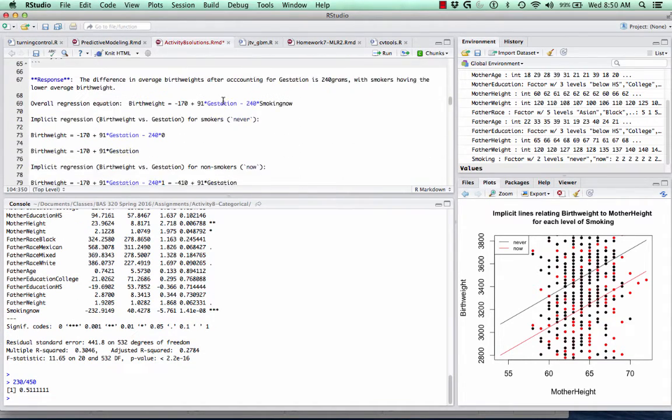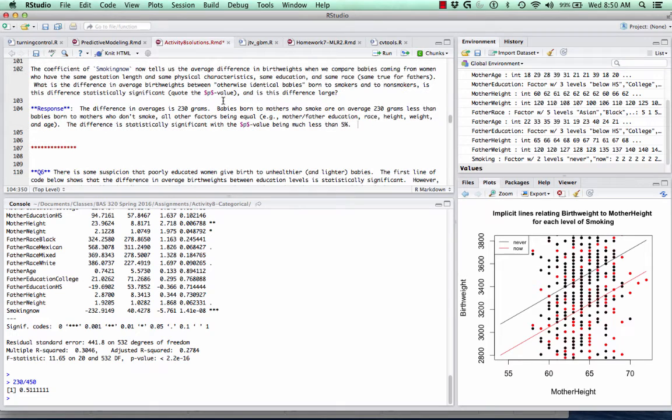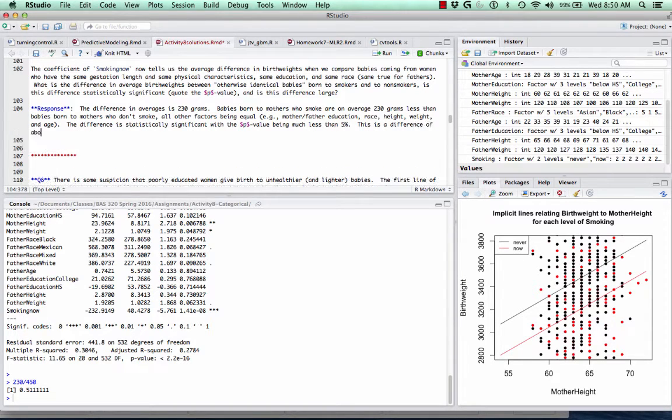So we're talking about a difference of about half a pound here. So smoking looks like it makes about half a pound difference in a baby's birth weight when we compare otherwise identical babies here. This is a difference of about half a pound, and this is quite large.